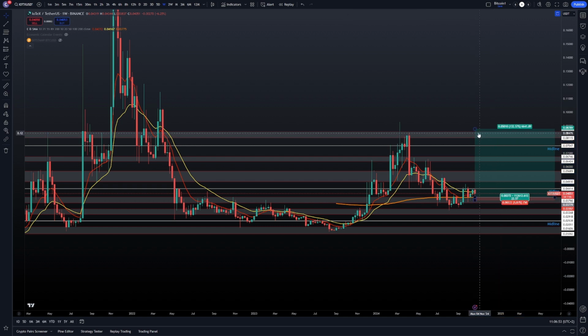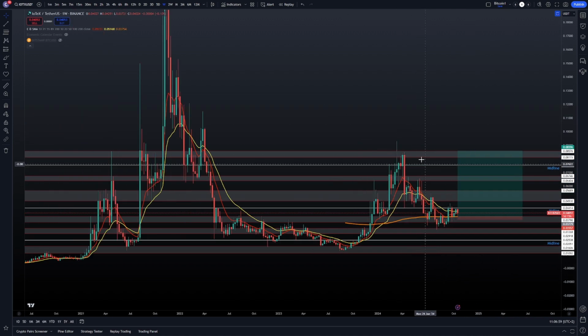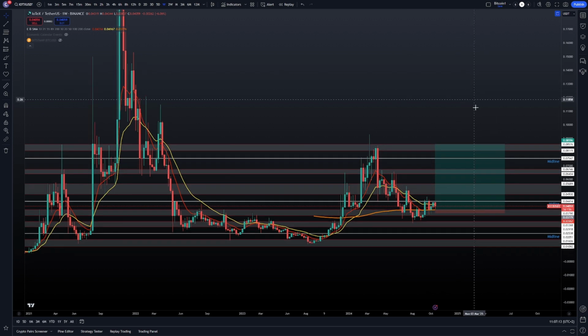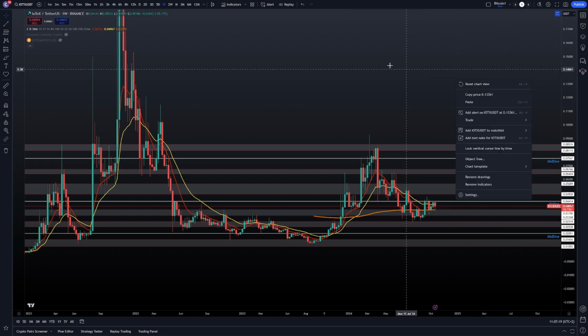Then your gain would be around 127% versus a 5% stop loss, which is pretty nice because this is definitely going to be huge resistance for IoTeX, but not only that level. I think this level here as well, around 6.4, 6.7 cents, is where you want to take some profits on IoTeX, but I think this would be a pretty interesting entry for IoTeX.